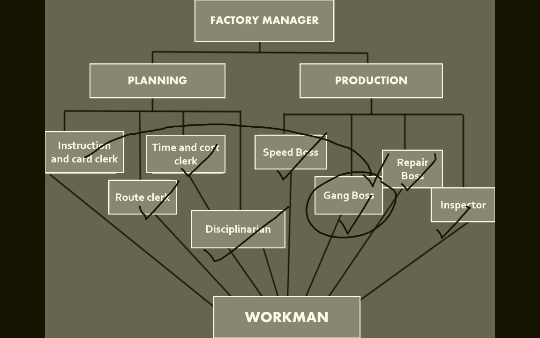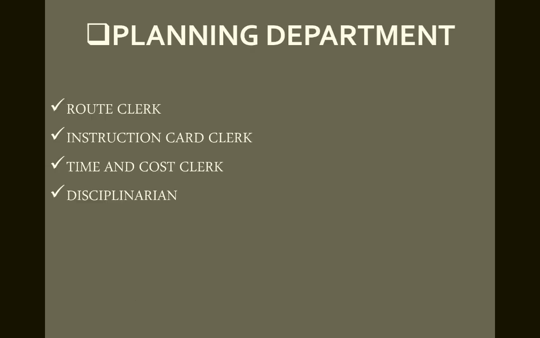The emphasis is that the employees placed in different designations in different departments, like planning or production, should have knowledge regarding the work they are going to perform. If they have the knowledge, they are going to perform it in the best way. They are going to minimize the cost, maximize the efficiency, and contribute towards achieving the objective of the business organization.